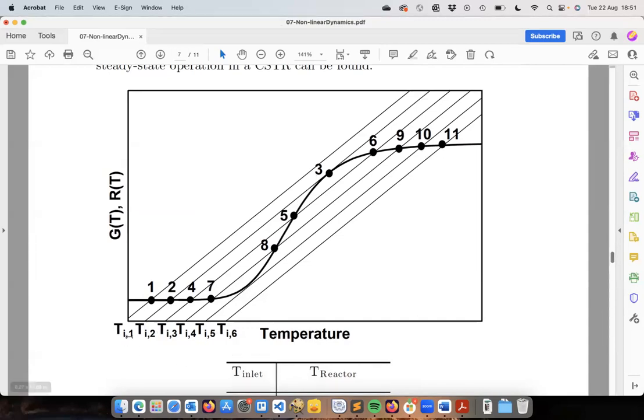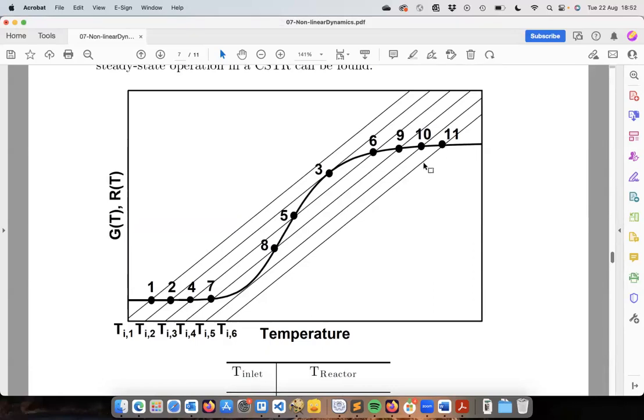As we change the inlet temperature, we will get different R lines. We know that G is not influenced by the inlet temperature. So this first inlet temperature has just one steady state here.